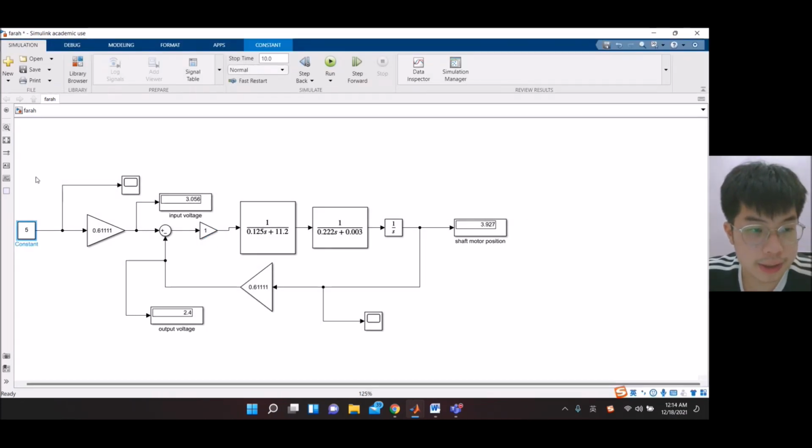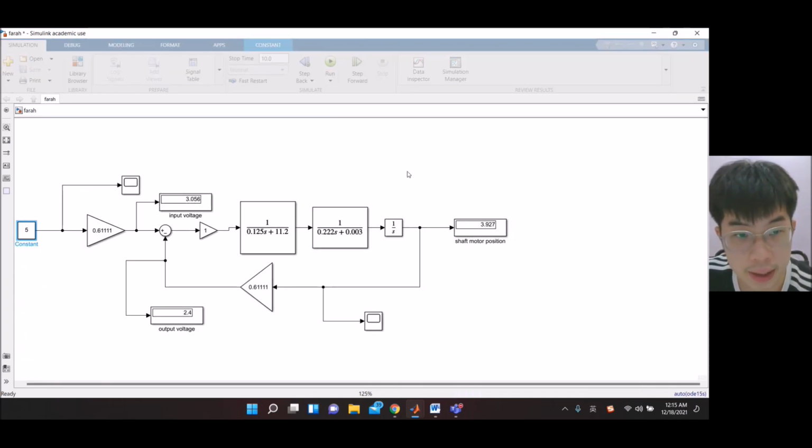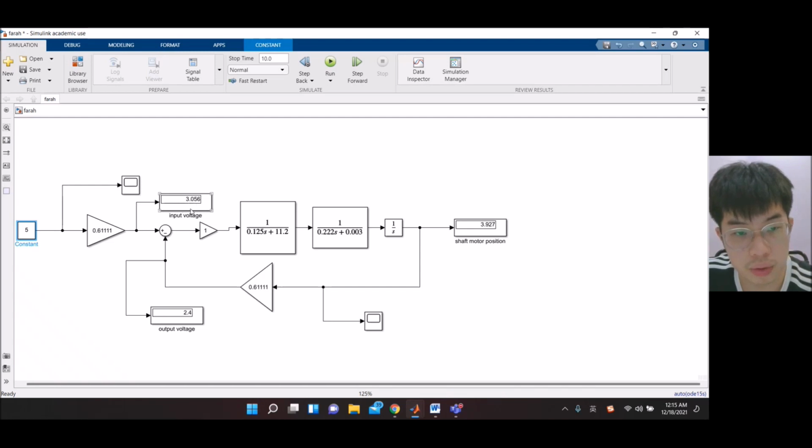For question 6, the input is for the first table, the input is clockwise, so it's positive, and gain is 1, so we run it and get a value 3 for input voltage, 2.4 for output voltage, and 3.9 is shaft motor position.